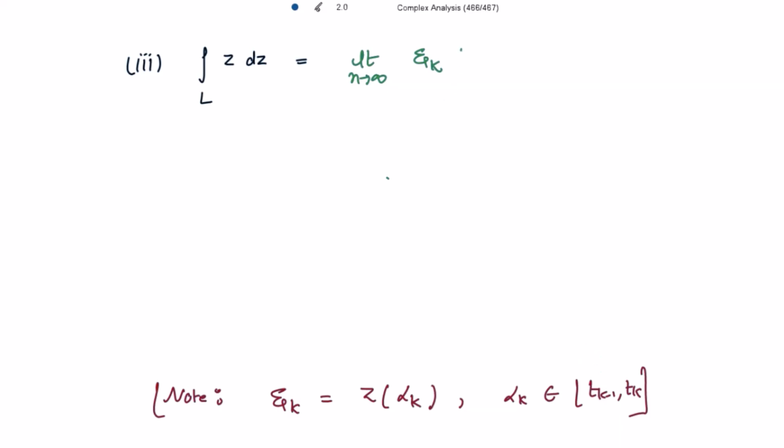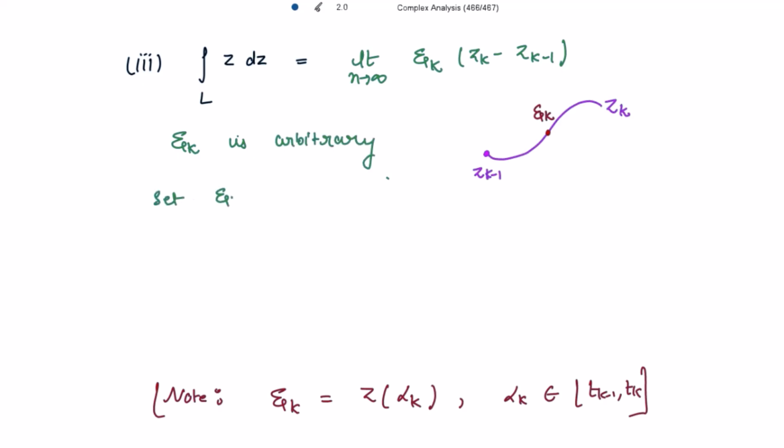So it is xi k into zk minus 1. Because xi k is arbitrary, we can set xi k to be equal to zk minus 1 and also to be equal to zk, successively.